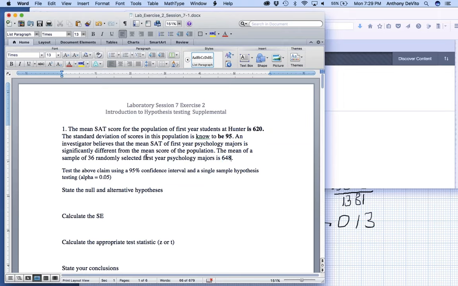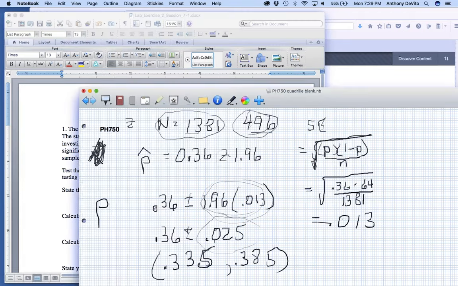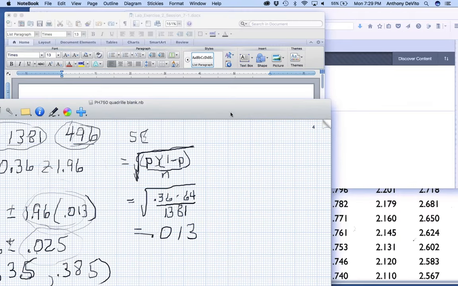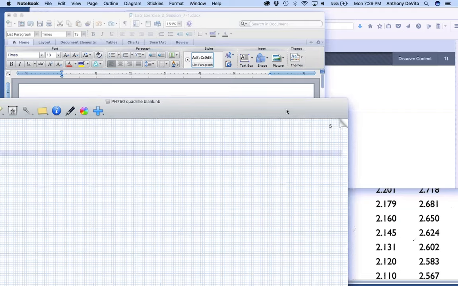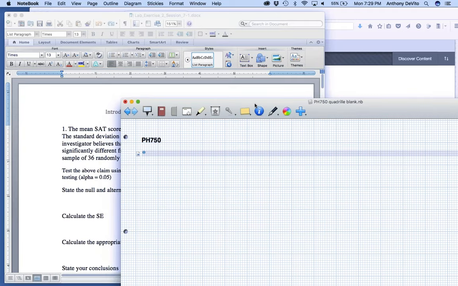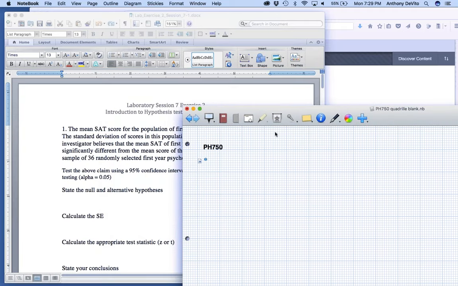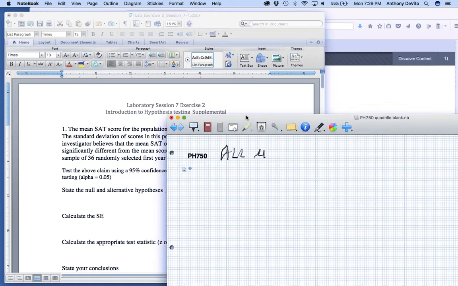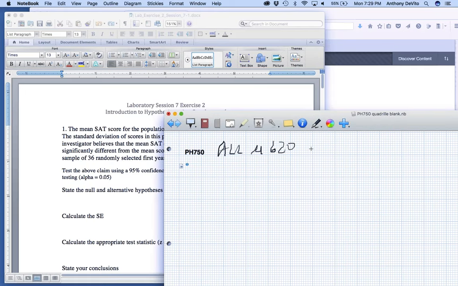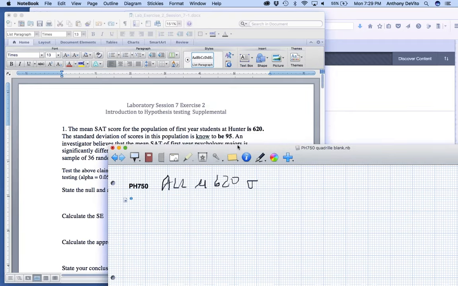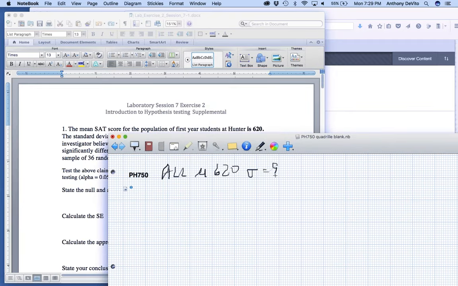Let's write down what we know here. For all students, the mean mu, because we know what it is for all students, is 620, and sigma is 95.